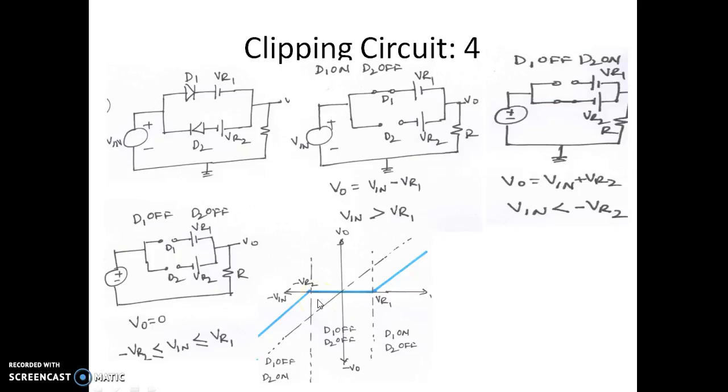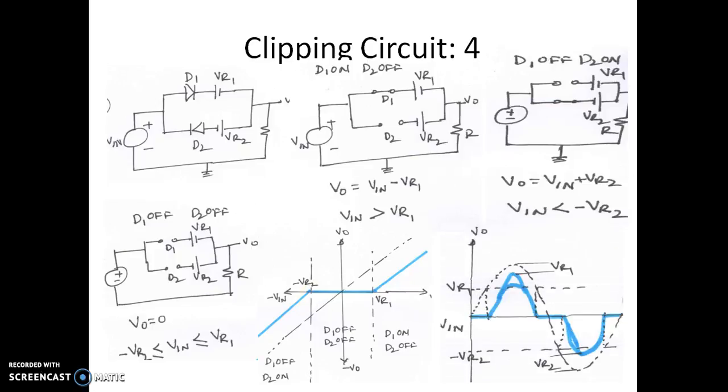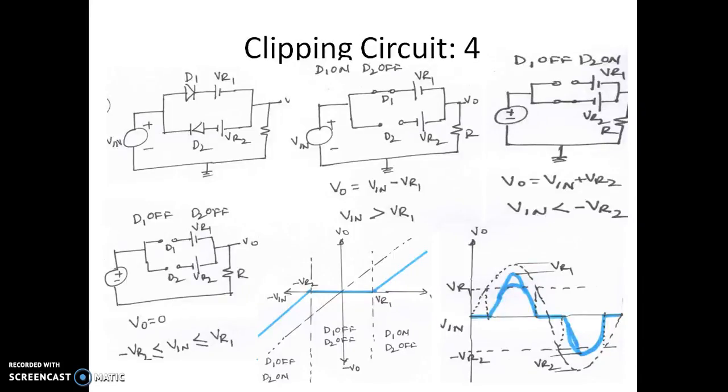We shall see how the waveform looks for a sine wave. So this is the waveform. Of course, you can neglect these two lines here. Let us consider when the input voltage is less than VR1, the output voltage is 0. That is this condition.